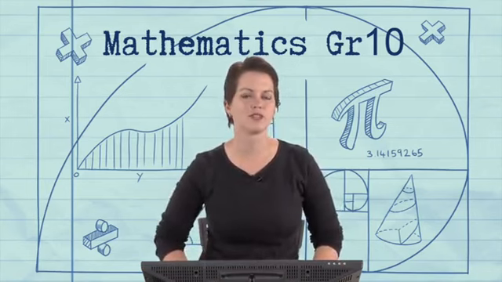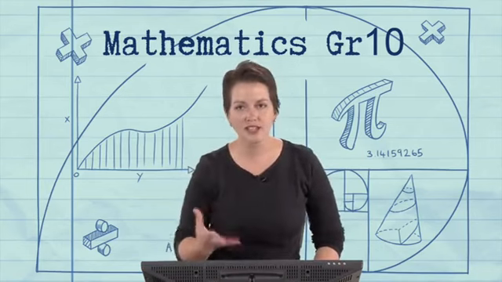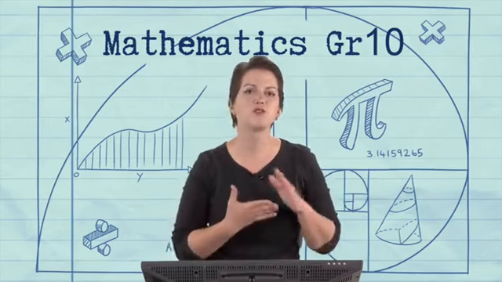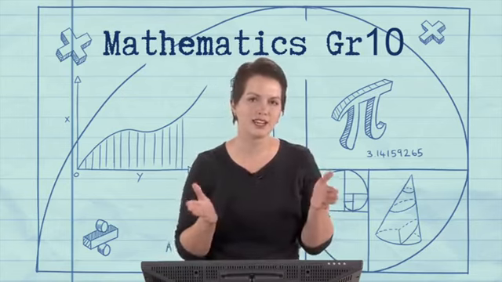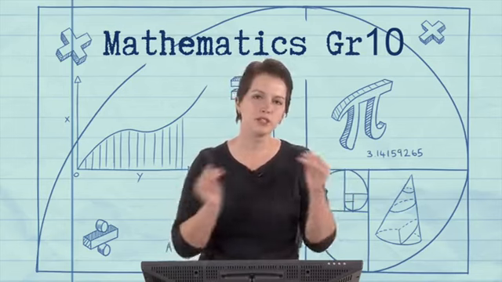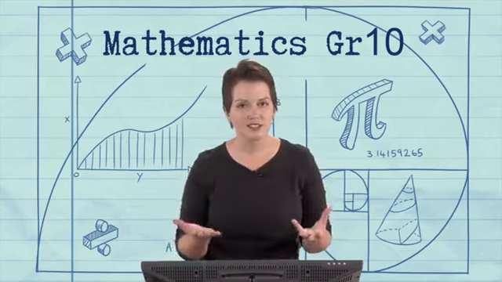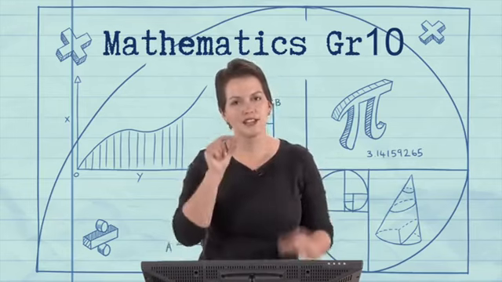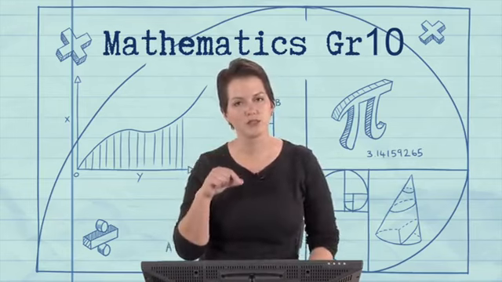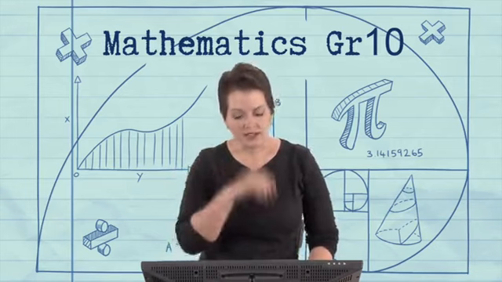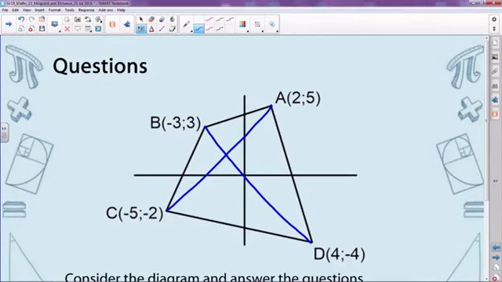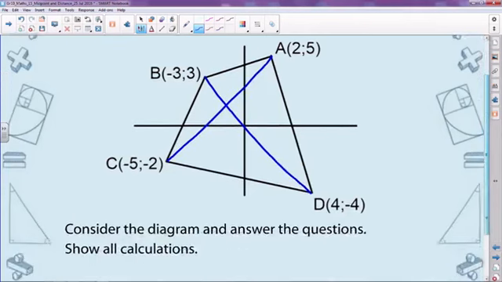bisect each other. Now, the easiest way to tackle this problem is to find the midpoint of both of the diagonals. And if the midpoints are the same, it means that the diagonals are cutting each other at their individual midpoints. So let's find the midpoints of both diagonals.